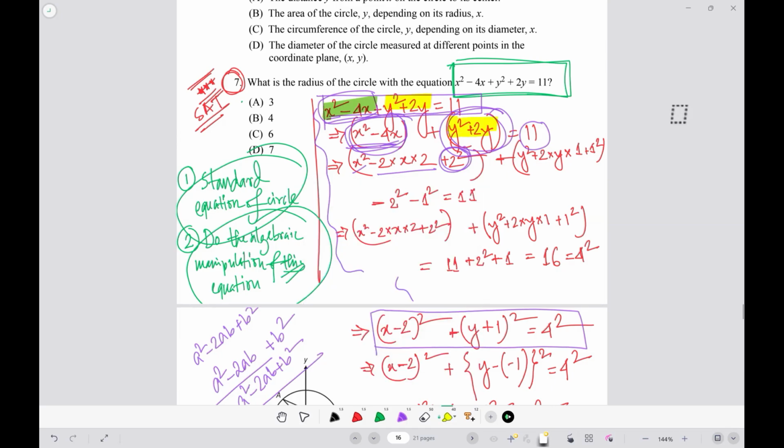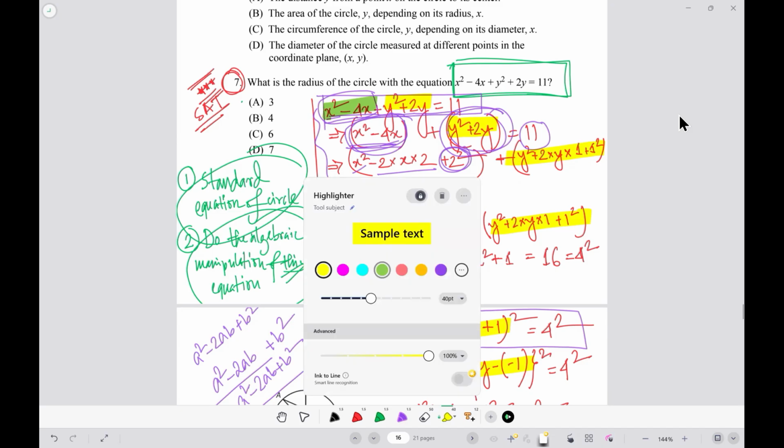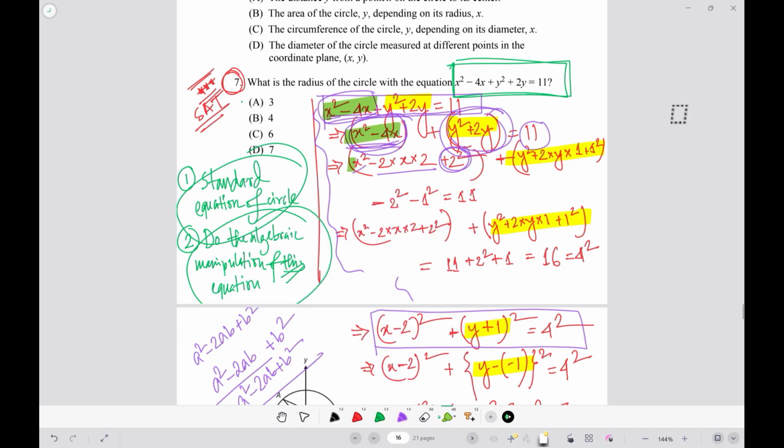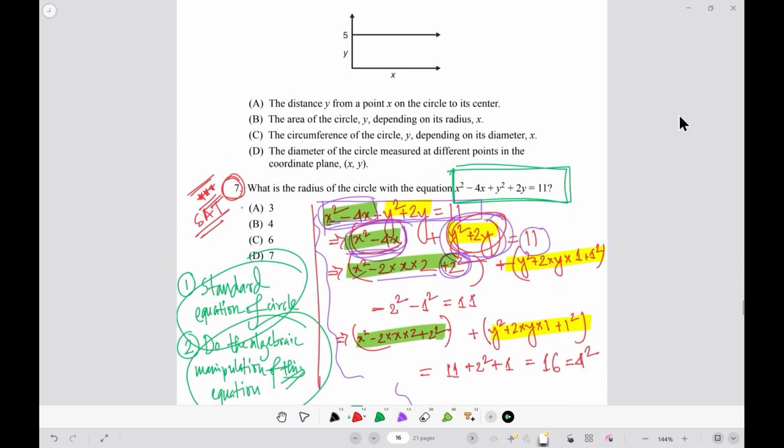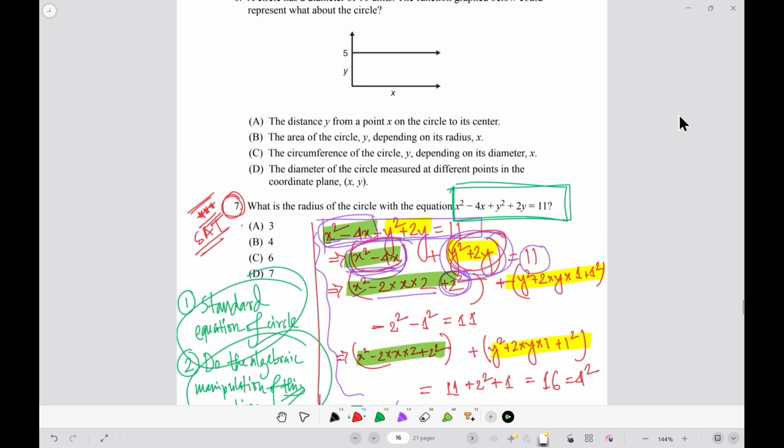We're making a packet of x and a packet of y, and we want to make the x packet and the y packet look like a minus b whole squared, or a plus b whole squared.